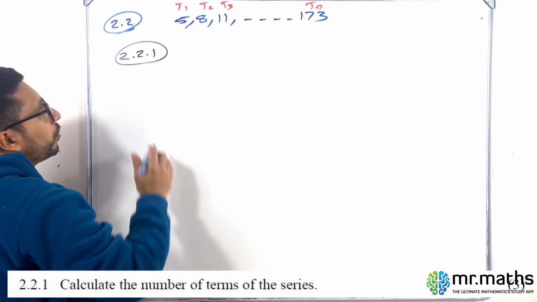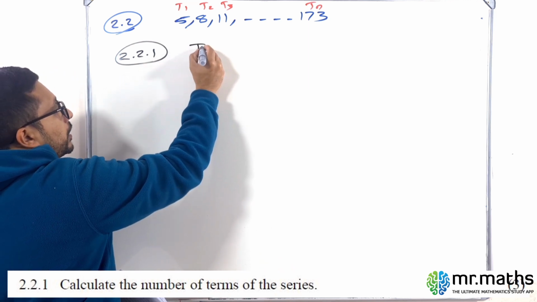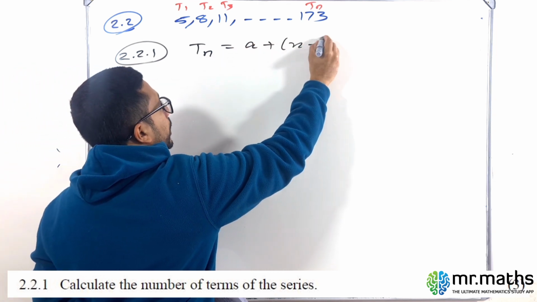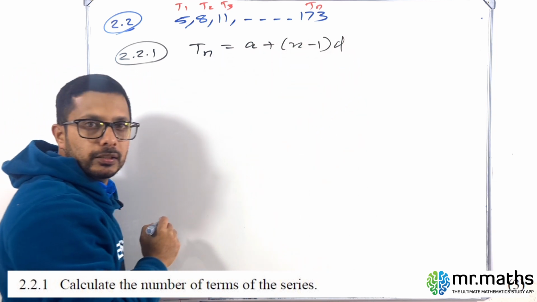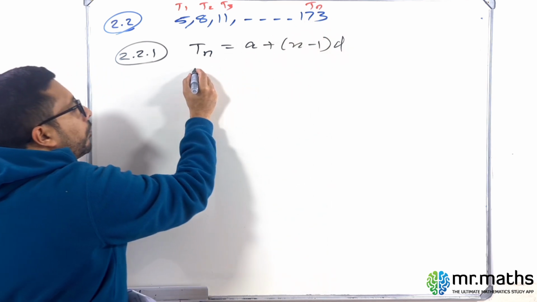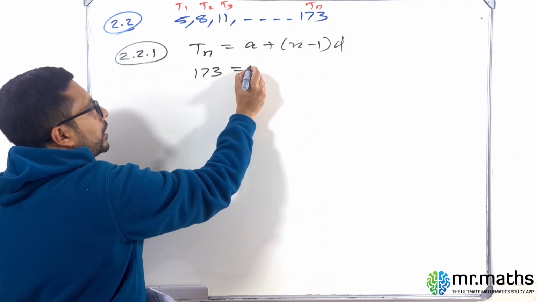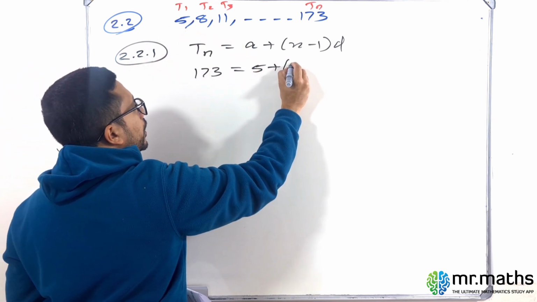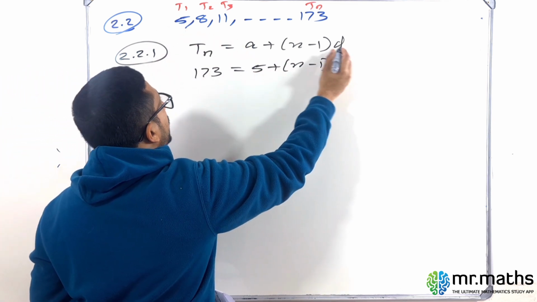Now if it is an arithmetic sequence, what is tn? You know the formula: a plus (n minus 1) times d. Am I right? And here tn is the last term, 173. So 173 is equal to the first term, 5, plus (n minus 1) times d.